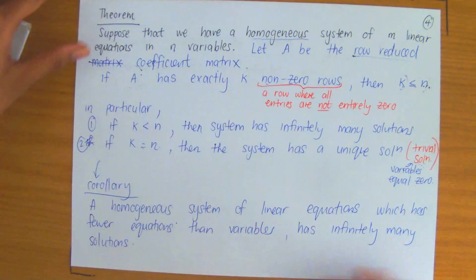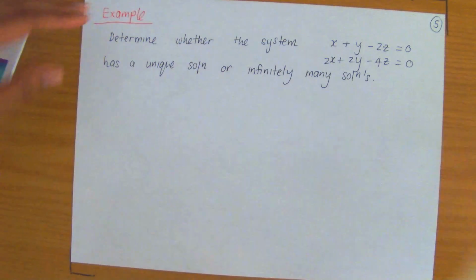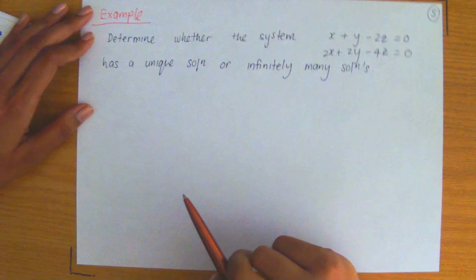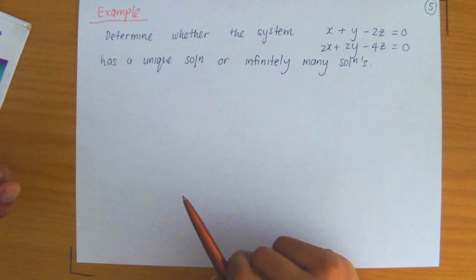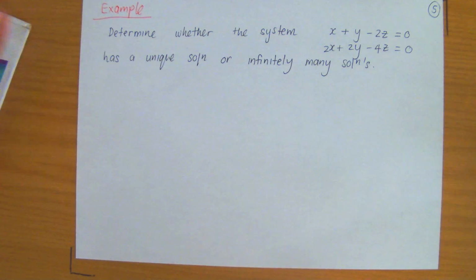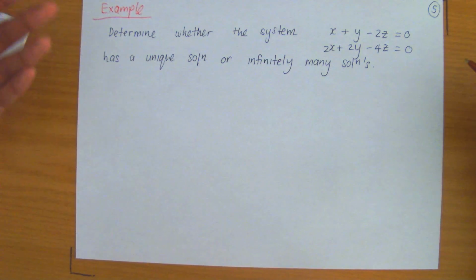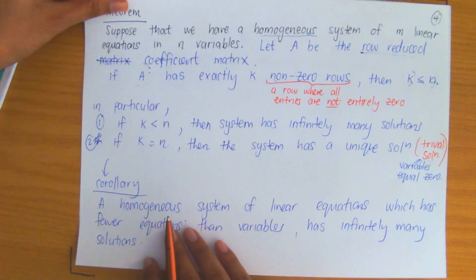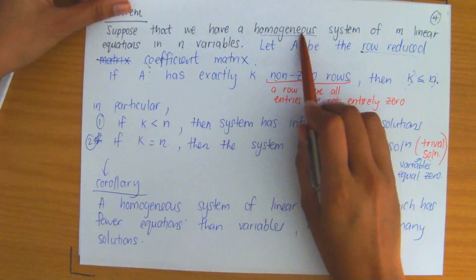Right, so let's look at an example. Determine whether the following system has a unique solution or infinitely many solutions. Let's look at this system. Firstly, is this system homogeneous or not? Because if it's not homogeneous, then we cannot apply these results, because these results speak to us specifically about homogeneous systems.